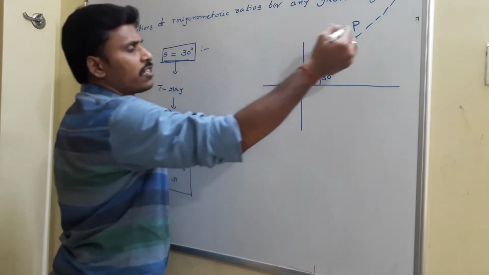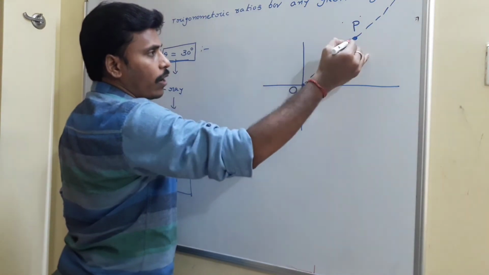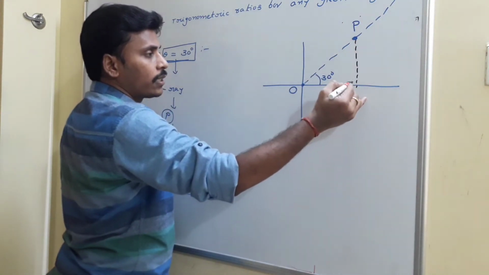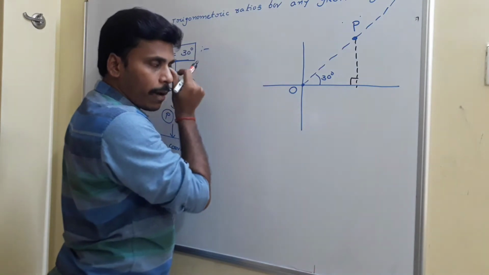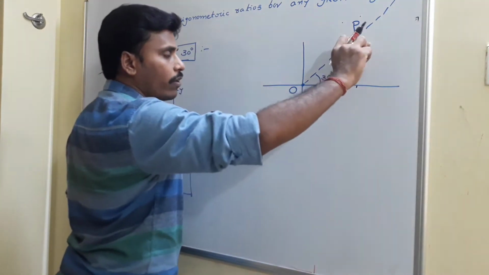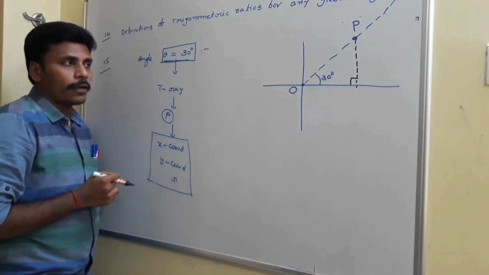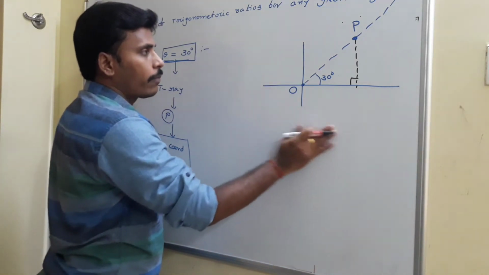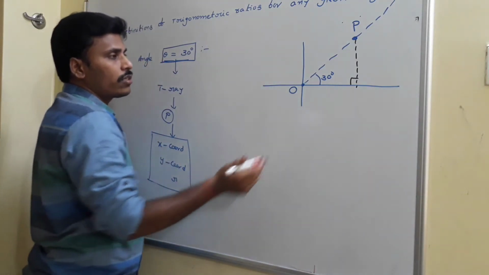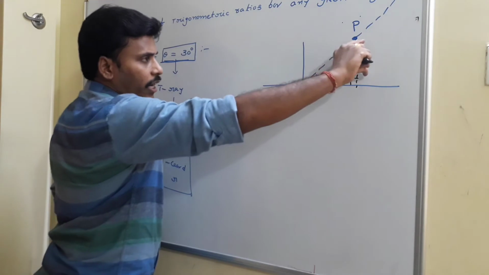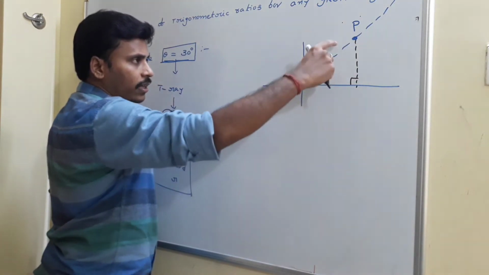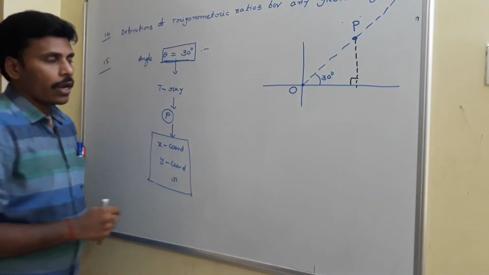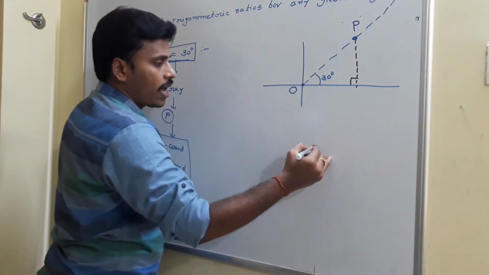Now this is the point. Its x coordinate and y coordinate are calculated by this horizontal length along with this vertical length. We know it from the coordinate system, right? This is the 30 degrees. We need this vertical length, this horizontal length as well as OP.